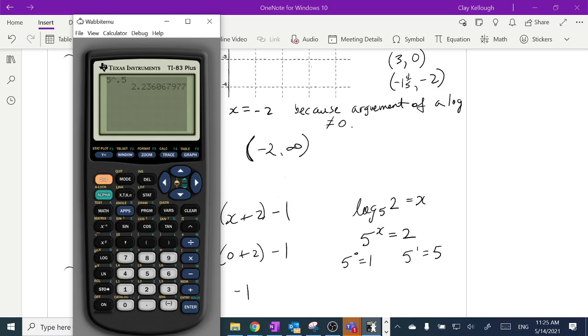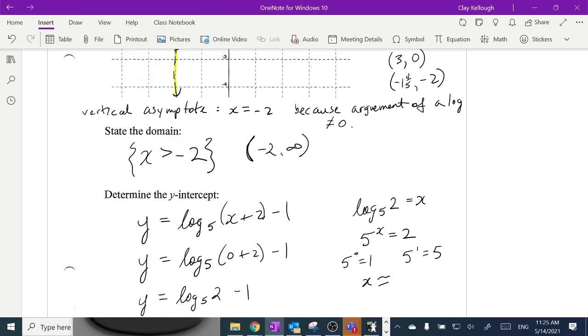Well, that's pretty close already. 0.5, it's a little big though. Let's see what 5 to the power 0.4 is. Too small, but it's somewhere between the two, eh? So how about 5 to the power of 0.45? Oh, that's really close. Off by 600ths. I'm going to say that's my answer.